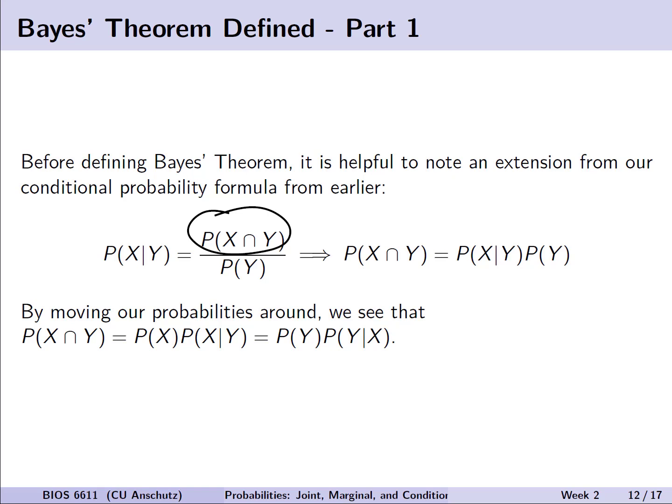We can write the joint distribution as the product of the conditional and marginal distributions. Likewise, the joint distribution of x and y is equal to either the marginal distribution of x times y given x... or likewise the marginal distribution of y times x given y. For today, we're going to essentially accept this as a useful fact to apply in a few minutes.